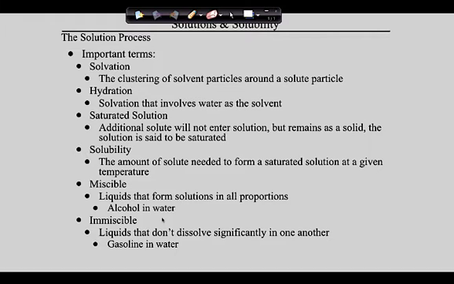Eventually, if we add enough salt, there just isn't enough water to continue to surround the ions because they're all busy with other ions. Where in a liquid-liquid solution, they're sort of surrounding each other. So the water surrounds the alcohol, but the alcohol surrounds the water, and it doesn't really matter who's surrounding whom because it's all just mixing together, as you said.